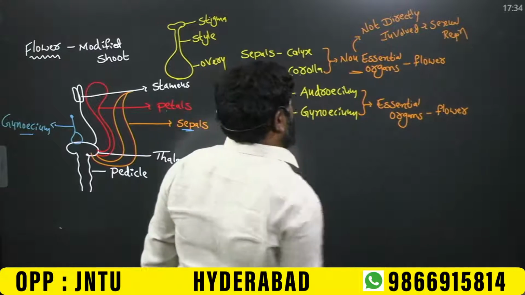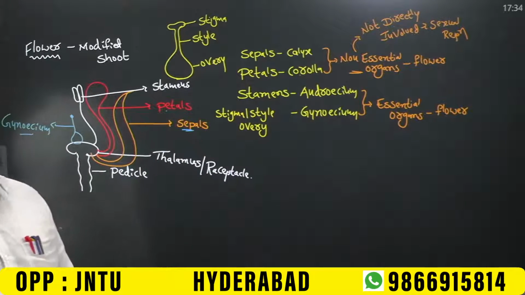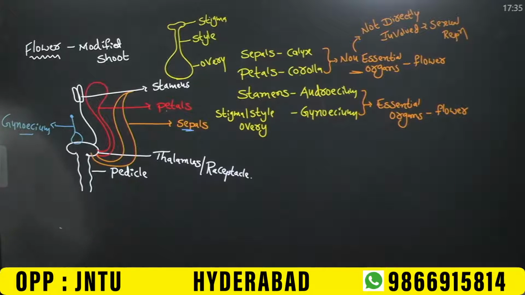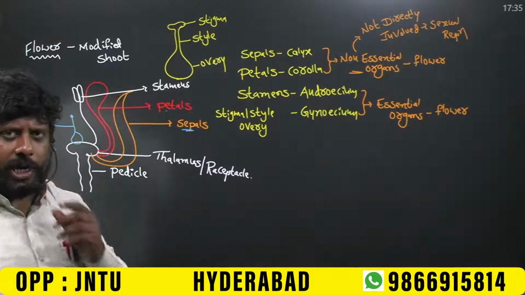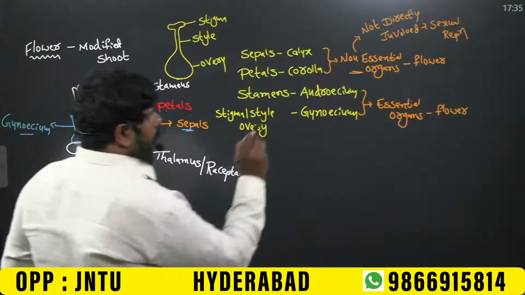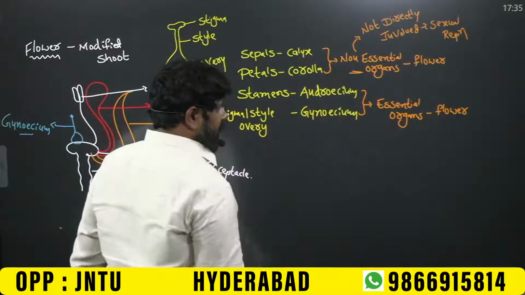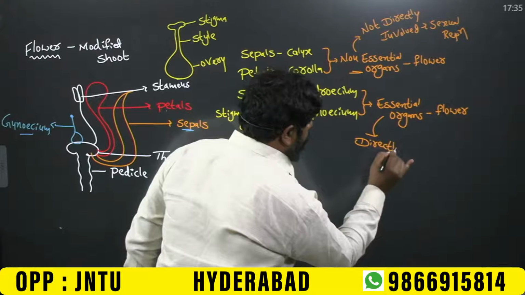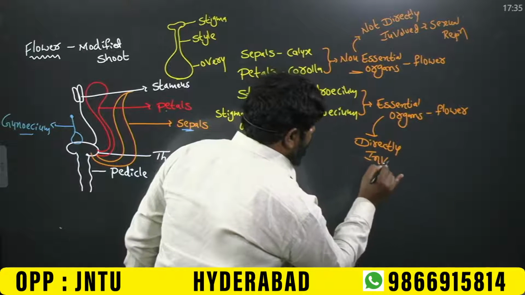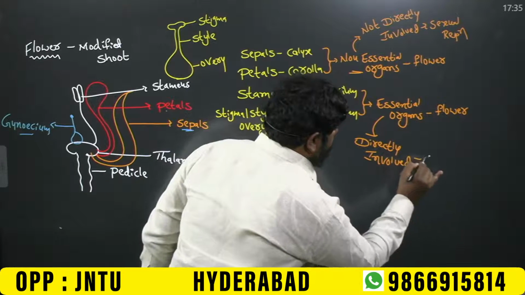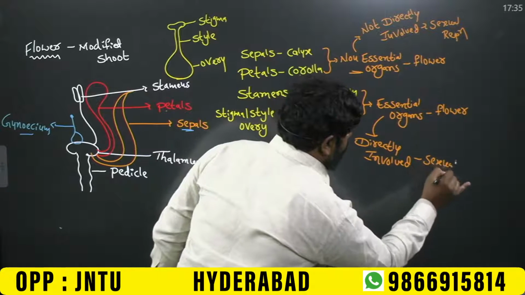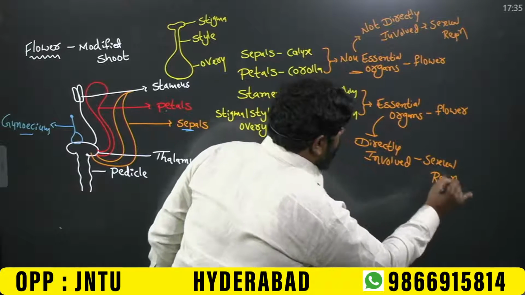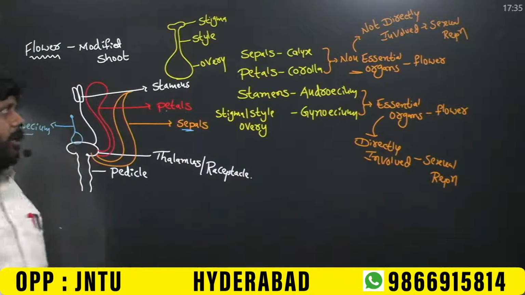Androecium and gynoecium are essential organs because they are directly involved in sexual reproduction in the flower or angiospermic plant.